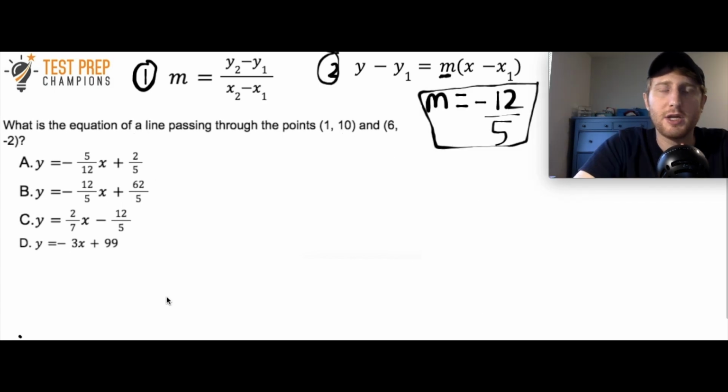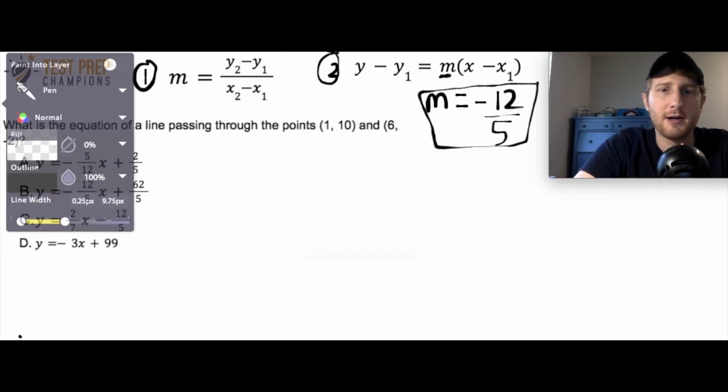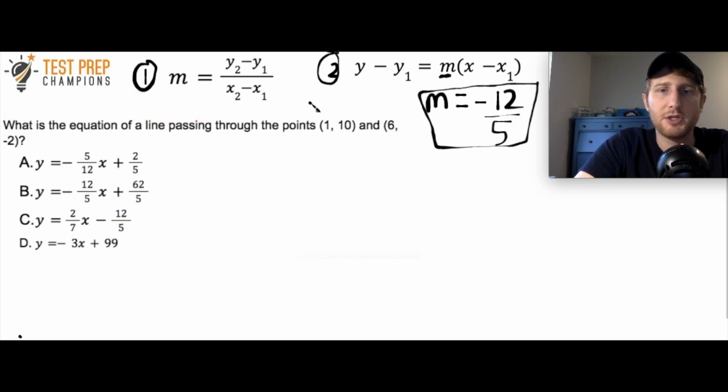So now we're going to use the second formula up here, and I like to start by just rewriting this formula but plugging the numbers in. So I'm going to do y minus y1, and my y1 is 10 right here. It's the same y1, that doesn't change, and so I have that equals the slope.